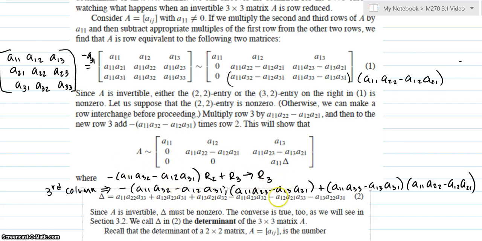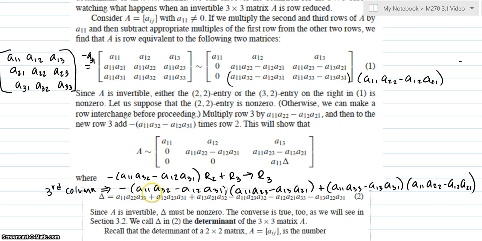This is the third column of row 2, and then added to row 3, the new row 3 is going to be this times this. If you do all that out and multiply it, you're going to get A11 times this delta. You can see it if you do it out.